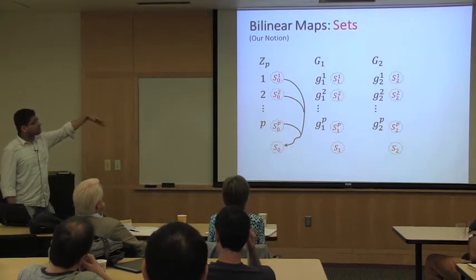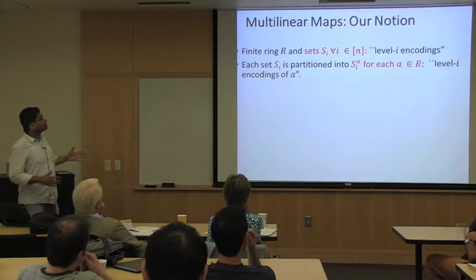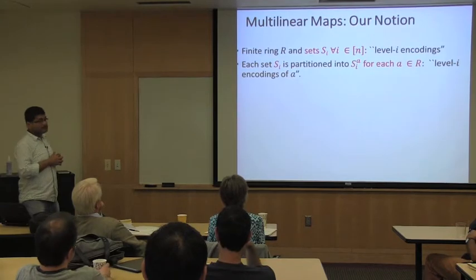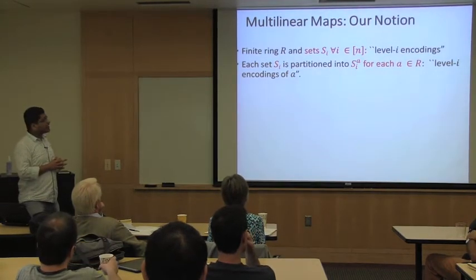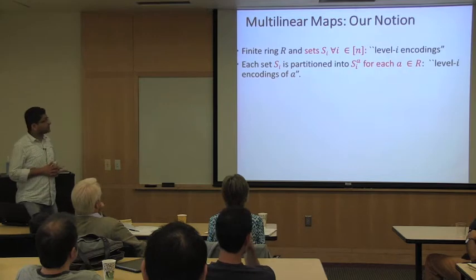And similarly, the set of all level 1 encodings and the set of all level 2 encodings. Okay, so think of this ring R, and if you have n levels, these sets Si are the set of all encodings at level i, and each of them can be partitioned into the subsets SiA for each element in the ring.